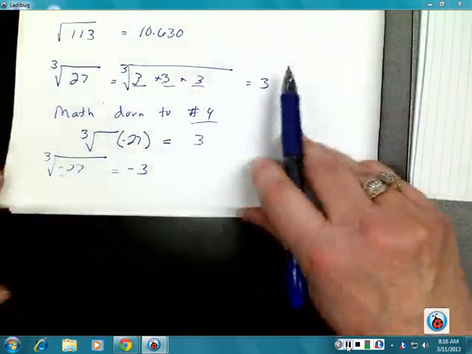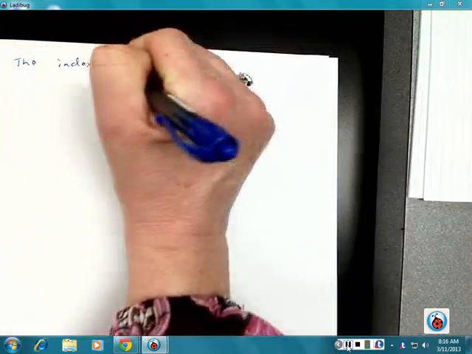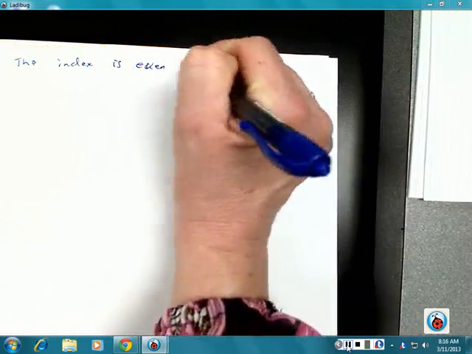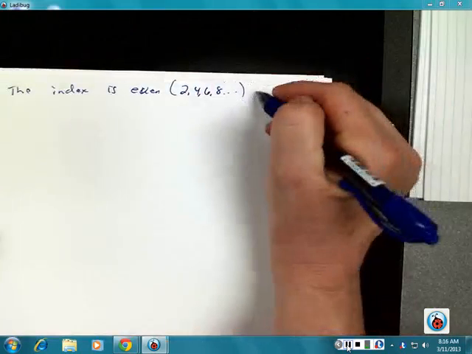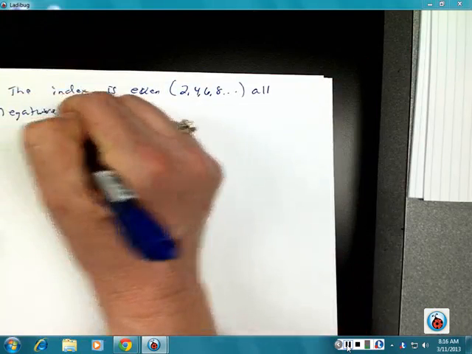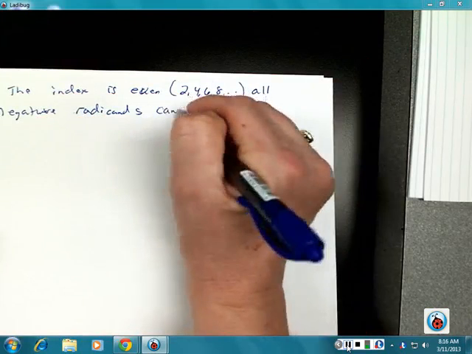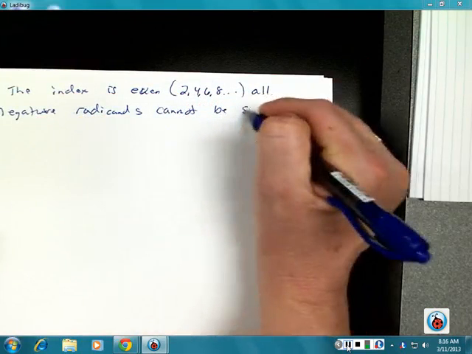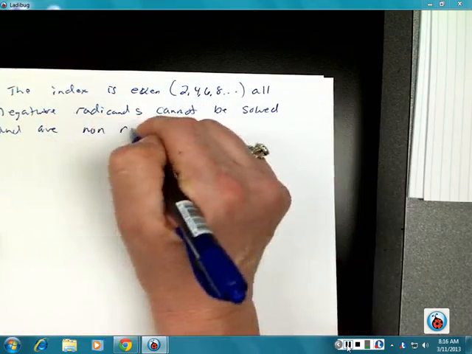The only place non-real numbers show up is if your index is even. So I'll write that out for you as well. If the index is even, 2, 4, 6, 8 and it continues on, all negative radicands cannot be solved and are non-real.